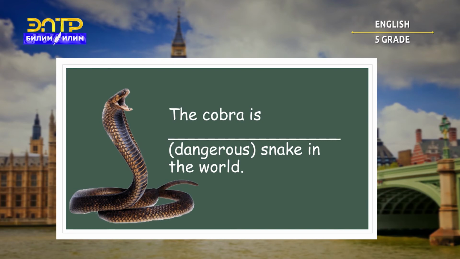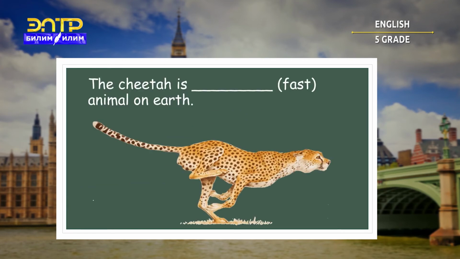Let's check. The cobra is the most dangerous snake in the world. Do it on your own first, then we'll check. The cheetah is the fastest animal on earth.